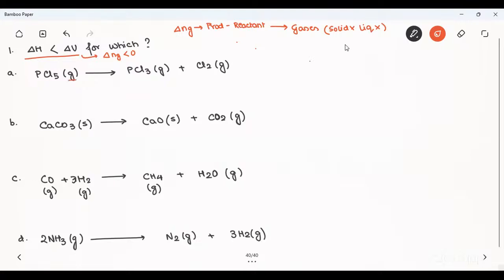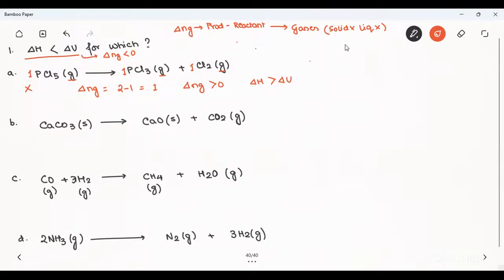See, here all of the things are gases. So what is the delta Ng value here? Here 1 plus 1, so 2 minus 1 is equal to 1. Here delta Ng is greater than 0, so our delta H should be greater than delta U. So this is not our option.